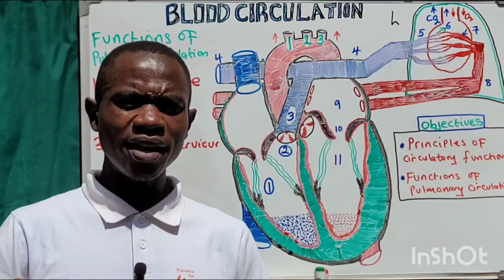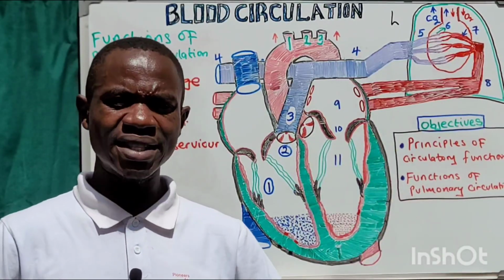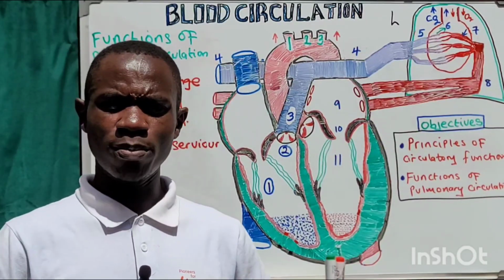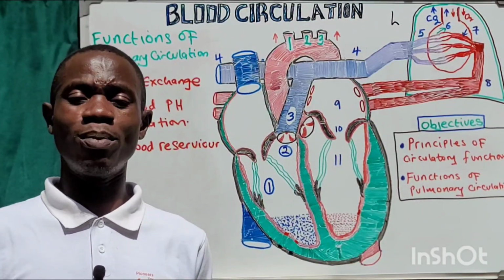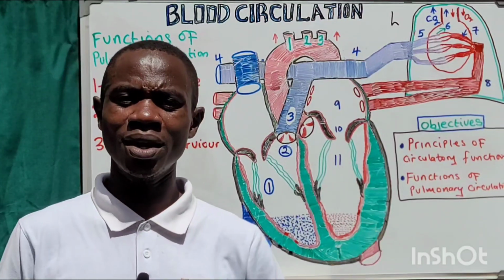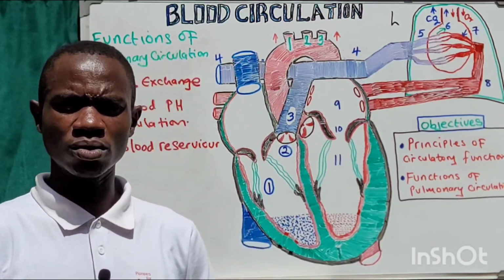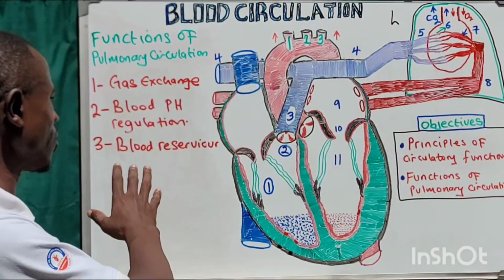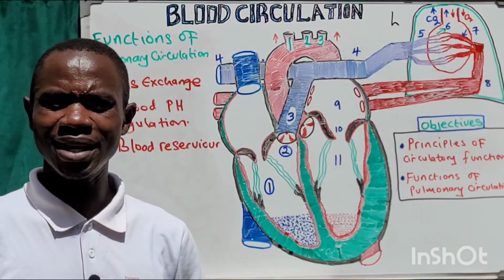Because of that, whenever there is an increased demand somewhere, maybe following an extensive loss during bleeding, the pulmonary circuit can allow some of the blood to come back into the general circulation to help in the normal running of the cells. By doing that, the pulmonary circulation is also serving as a blood reserve.